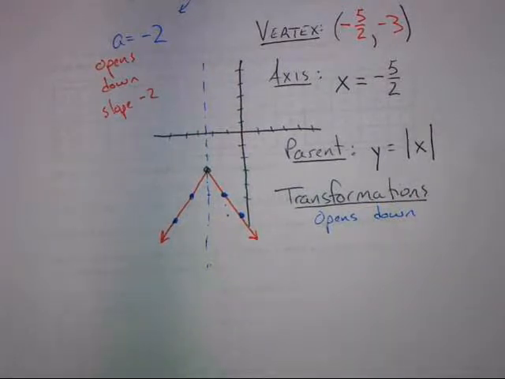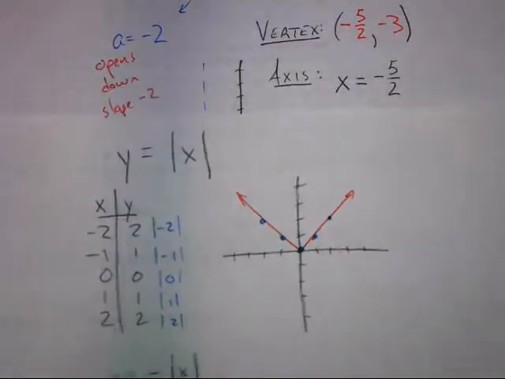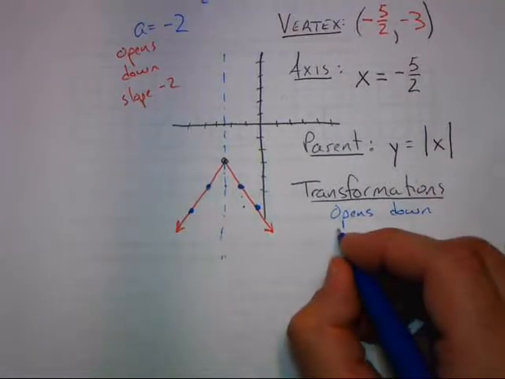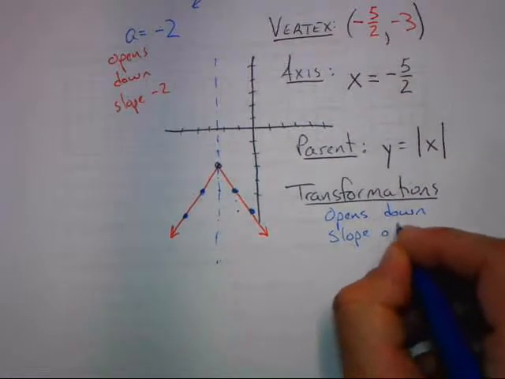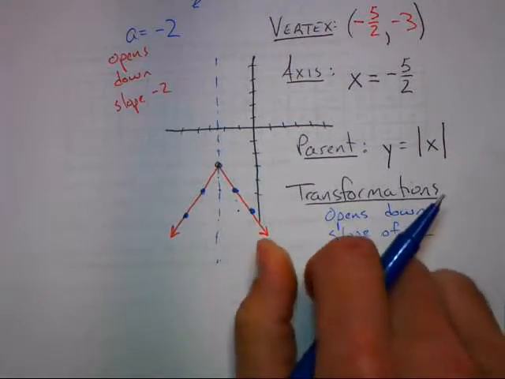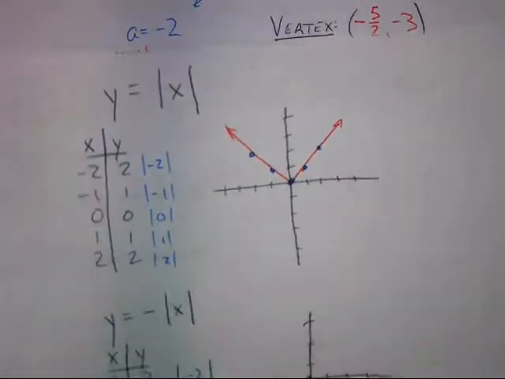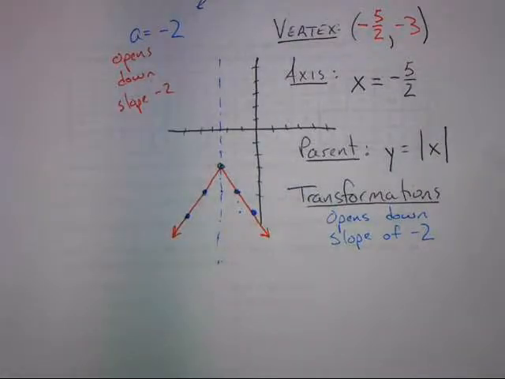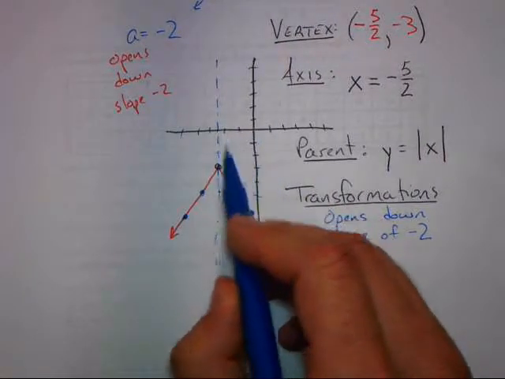The parent function has a slope of positive 1. Our function has a slope of negative 2. The parent function has a vertex at the origin. Our function has a vertex that moved.